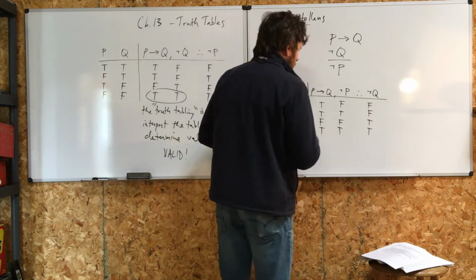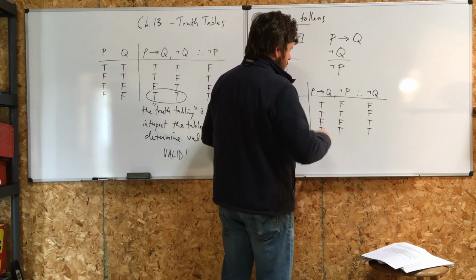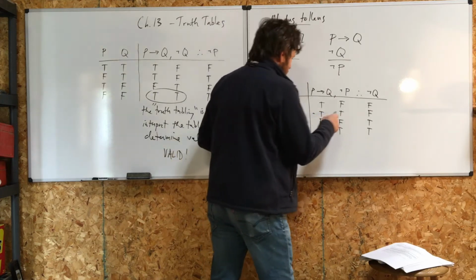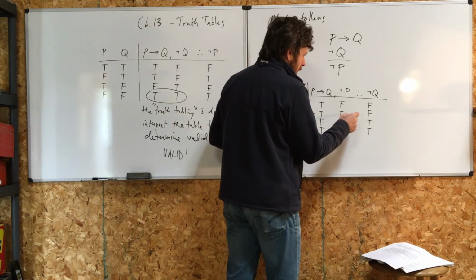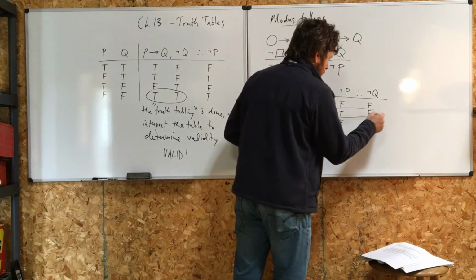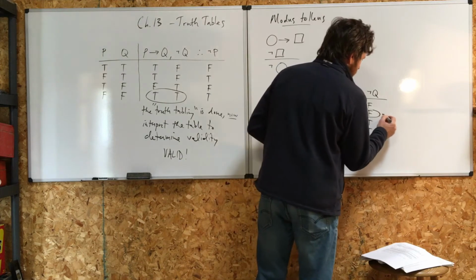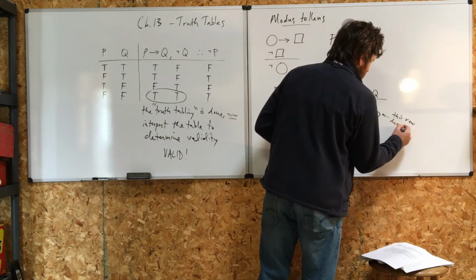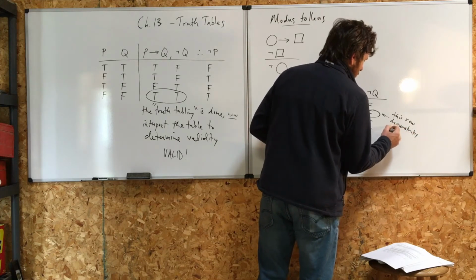Let's prove it though. Row 1, the premises are not both true. Row 2, look at row 2 here. Here's a situation where the premises are both true, yet we have a false conclusion. This row demonstrates, proves invalidity.